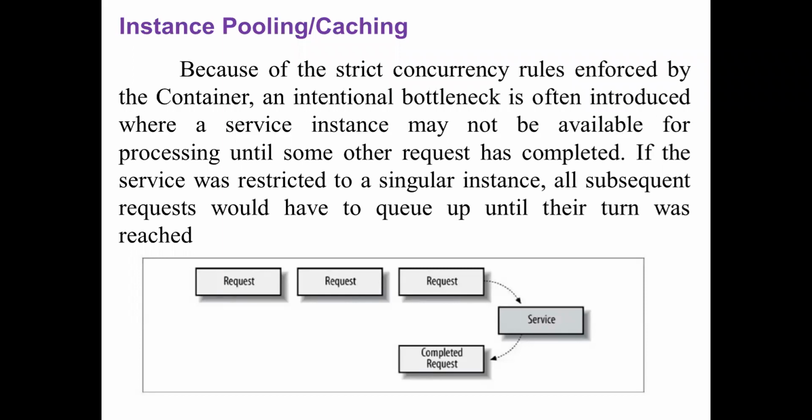You can see that in the diagram. Many requests are sent to the server, and only once the first request is over does the next request act. So we can call this instance pooling and caching.